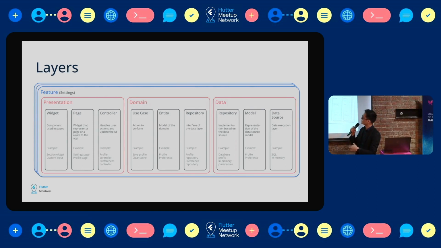And repository will be more a representation of the database, or depends on the purpose. So sometimes it can be a mirror of the data layer, or sometimes it can be only used, depends on the domain.